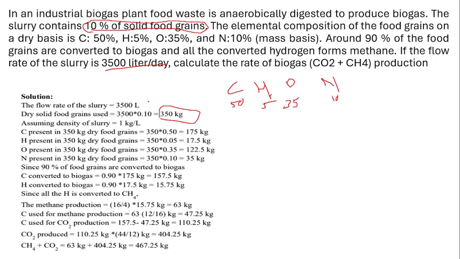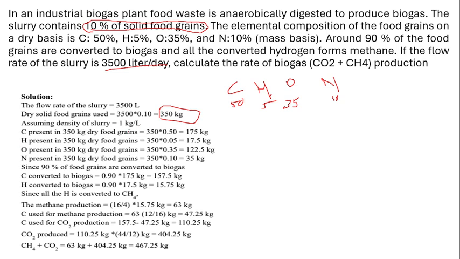This food grain only contains the CHON components, and this is used for the production of CO2 and CH4. Now calculate the amount of C, H, O, N in kg in the 350 kg of food grains just by multiplying the respective mass percentage with 350.